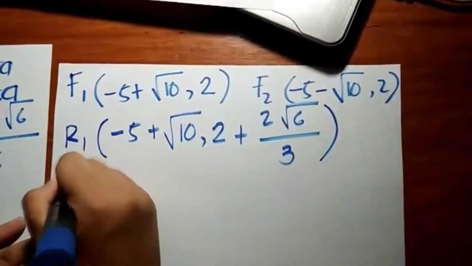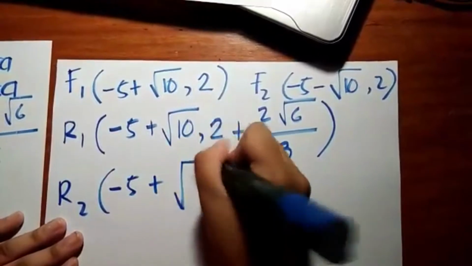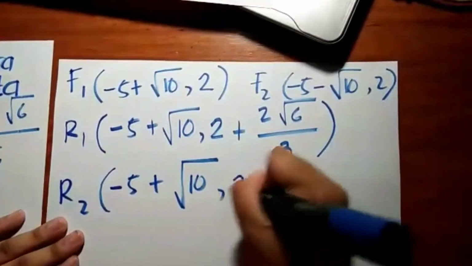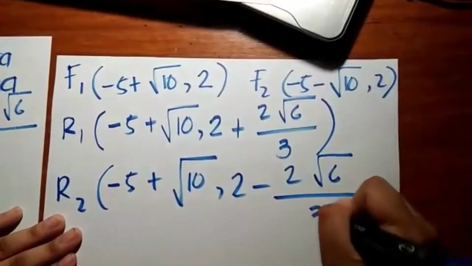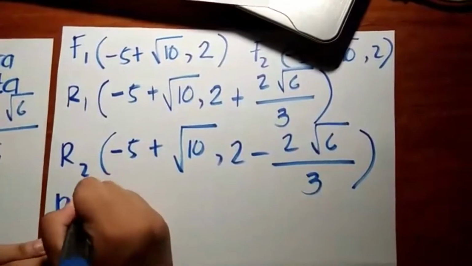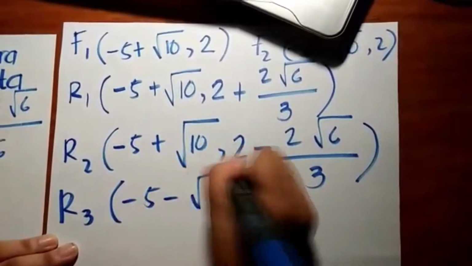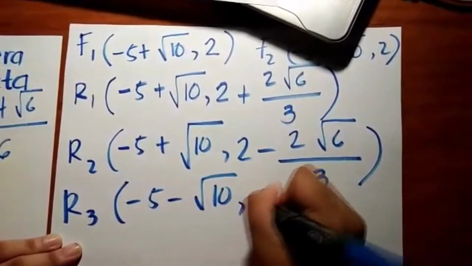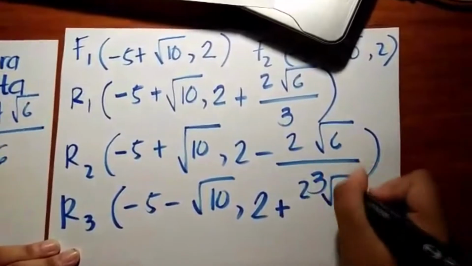R2 would be negative 5 plus square root of 10, 2 minus 2 square root of 6 over 3. And for R3, which is based on F2, it would be negative 5 minus square root of 10, 2 plus 2 square root of 6 over 3.